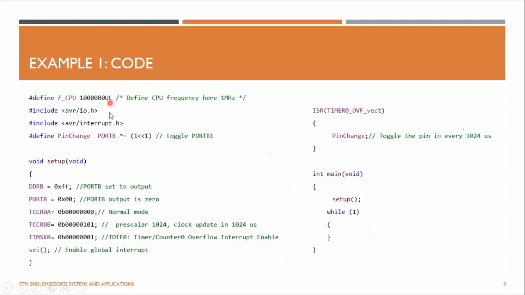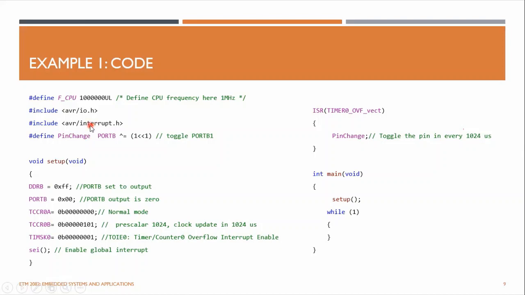So this is the code. The available CPU clock frequency is 1 megahertz, since the device is shipped with fuse settings that make 1 megahertz available to your CPU, even though we are using the 8 megahertz internal oscillator. Since we are using the interrupt service routine, we have to enable the interrupt.